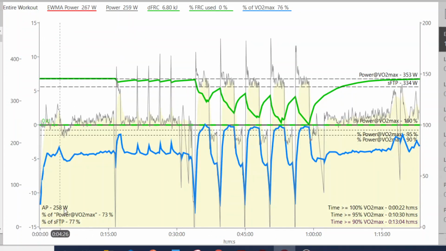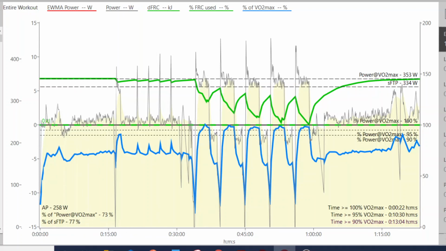Over here, this is for the whole workout. The average power for the whole workout was 258 watts. The percent of power of VO2 max on average was 73%, and percent of set FTP was 77%.